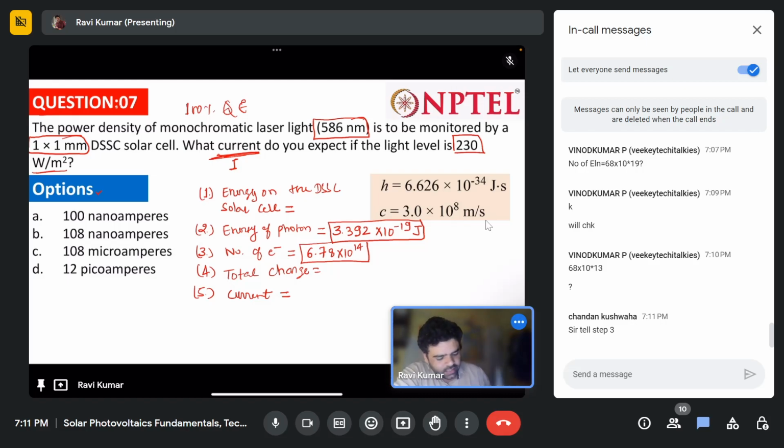Step 3 is just to find the number of photons, meaning step 1 divided by step 2. This is step 3. Energy incident on the surface of the solar cell divided by energy of a single electron or photon.